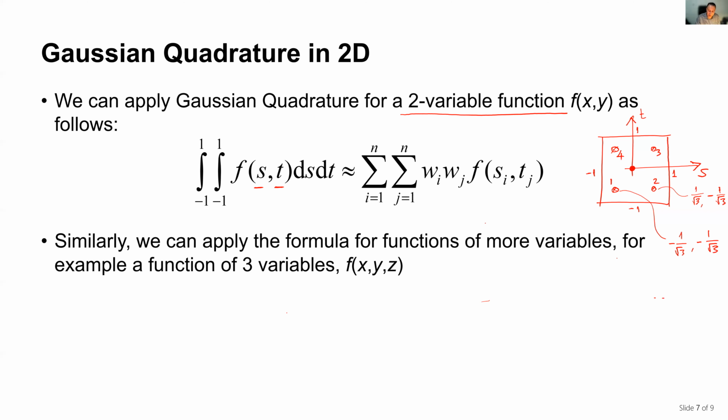In this case, the w_i's and the w_j's will be 1 for all 4 points because I work with 2 points per direction. Similarly, I can apply the same philosophy and I can find integrals of functions with more variables, for example, 3 variables, x, y, z, or anything else.